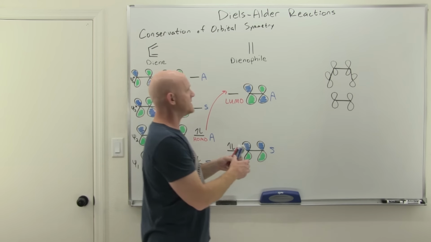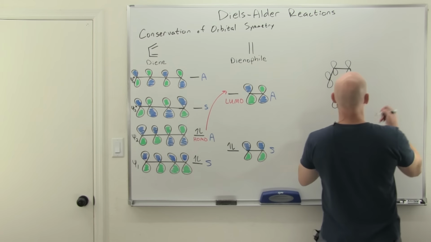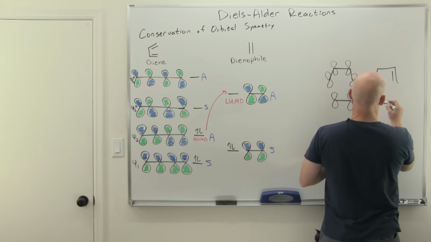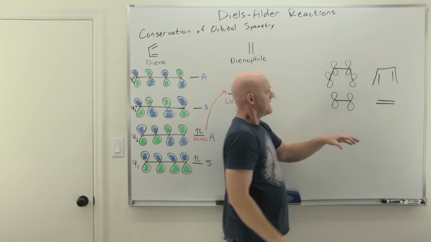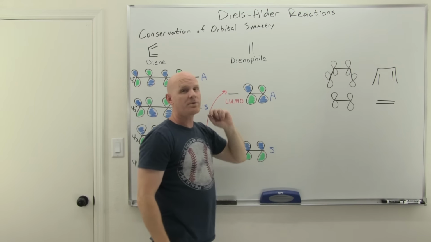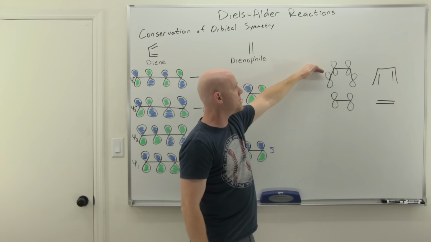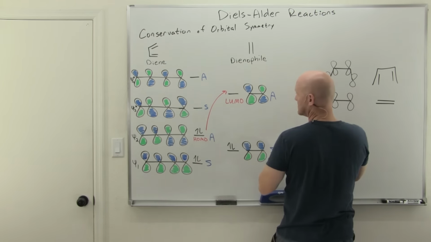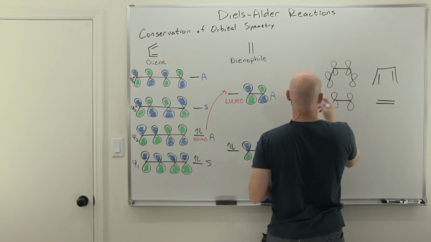So if we take the diene and the dienophile here, instead of looking at it again from our line angle formula, we're going to look at it as the approach of the molecular orbitals involved, the HOMO for the diene and the LUMO for the dienophile.